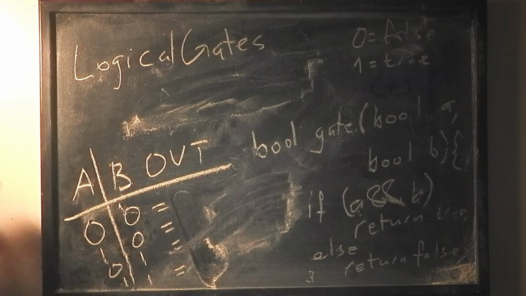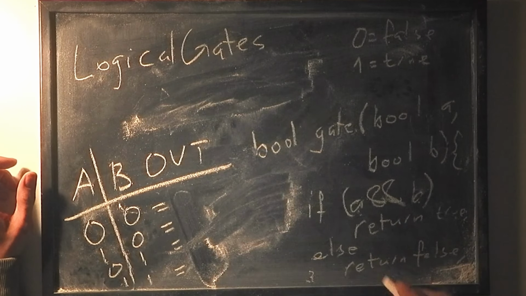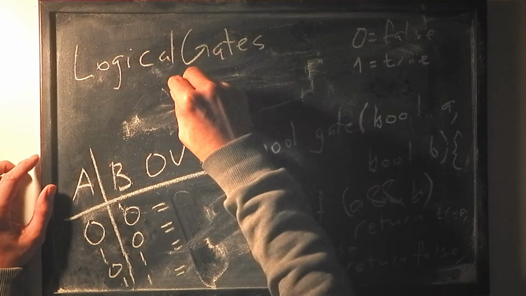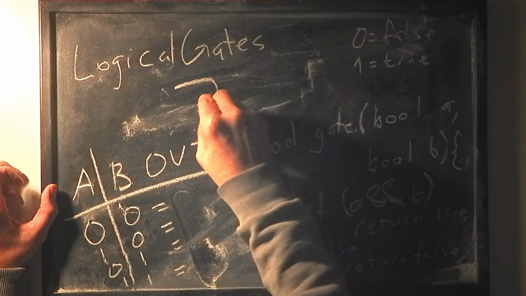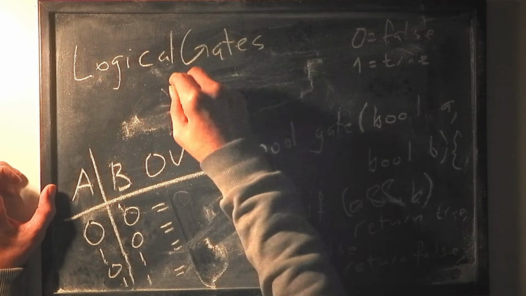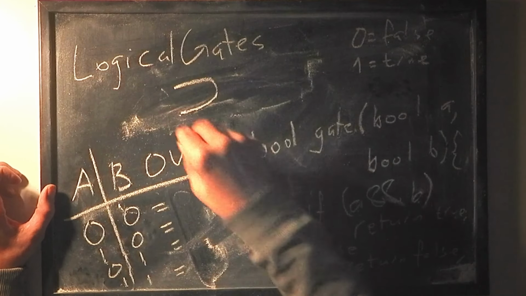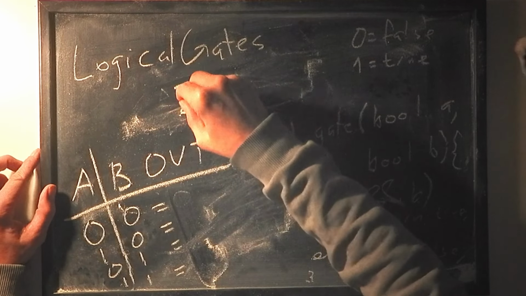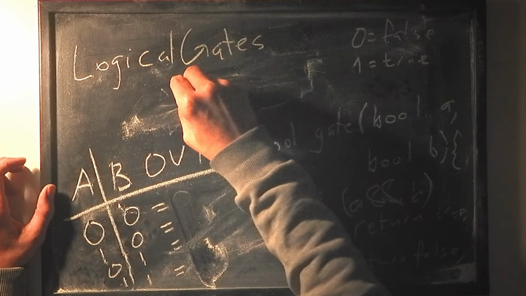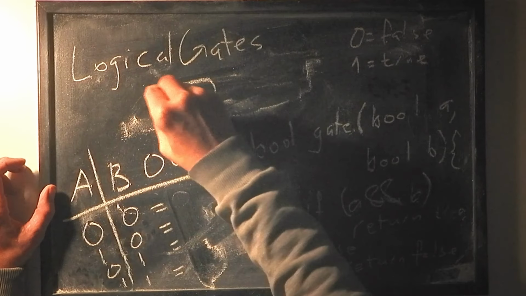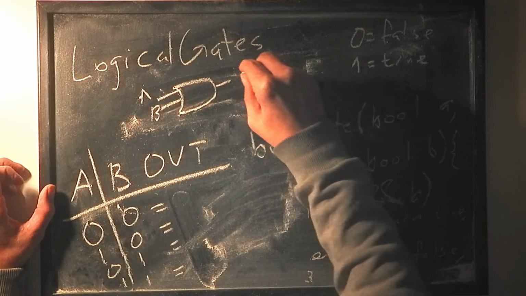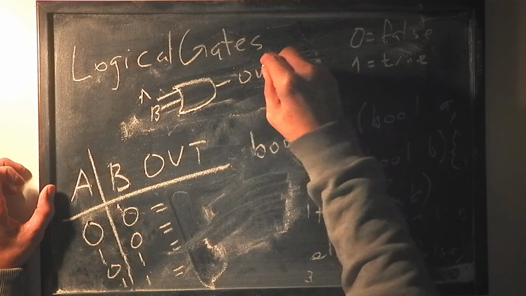And our next gate looks almost the same. It still has this shape, but instead of making a line directly across these two, we're going to form it like an O. And then we have the two inputs A and B, and we have the one output out.